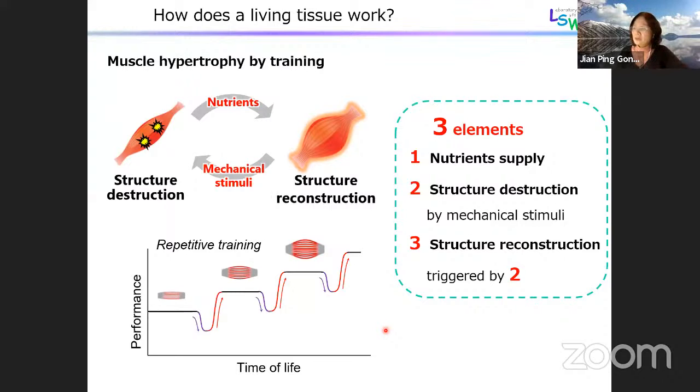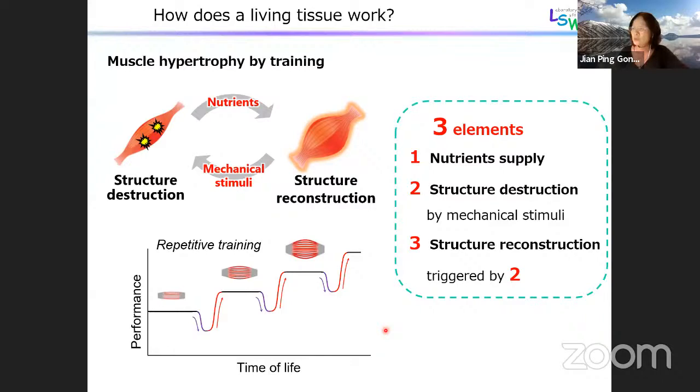So by mechanical stimuli, we destroy the structures. And because of this structure destruction, the new structure will be formed. So this new structure formation is triggered by the structure destruction. So elements 2 and 3 are strongly connected.